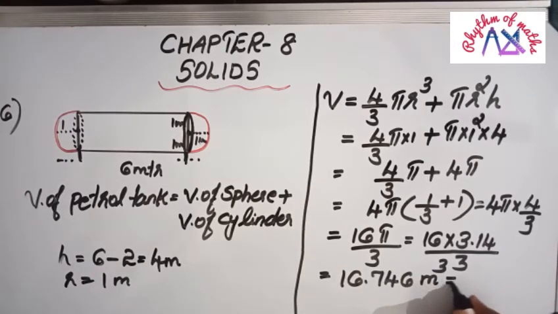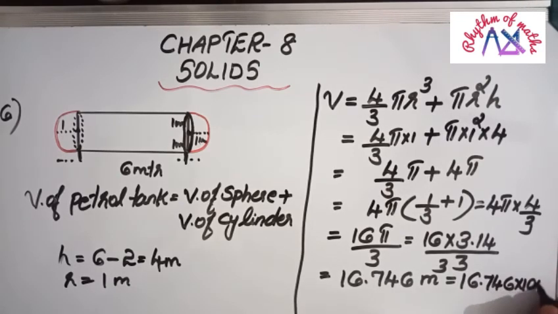Now we need the answer in liters. So meter to liter, it is into 10. But here it is meter cube. So for meter cube, you have to multiply 10 into 10 into 10, that is 1000. So 16.746 into 1000 we have to multiply. 1 meter to liter is into 10, but here it is meter cube, that's why 1000.